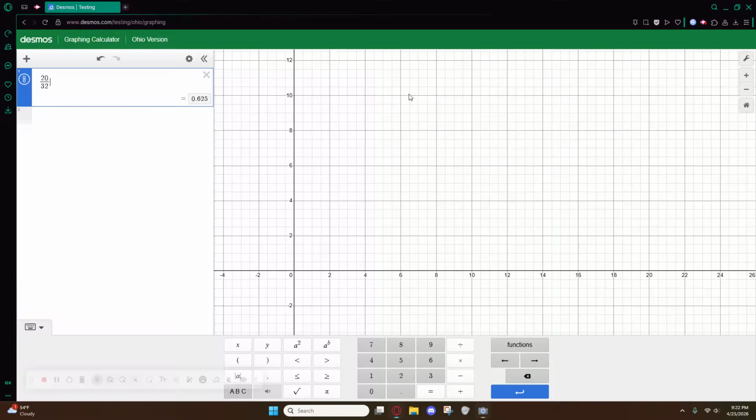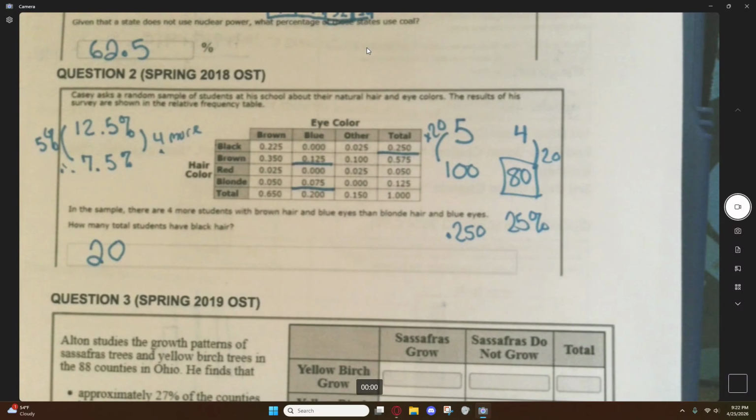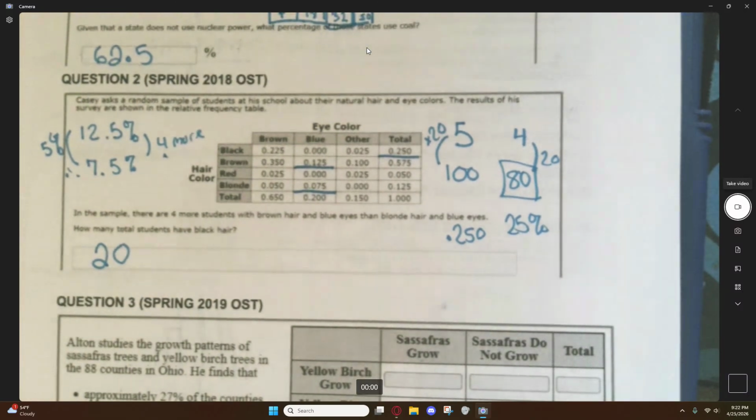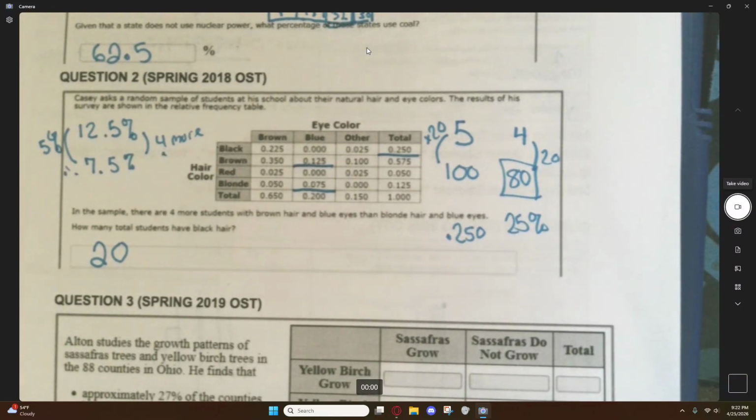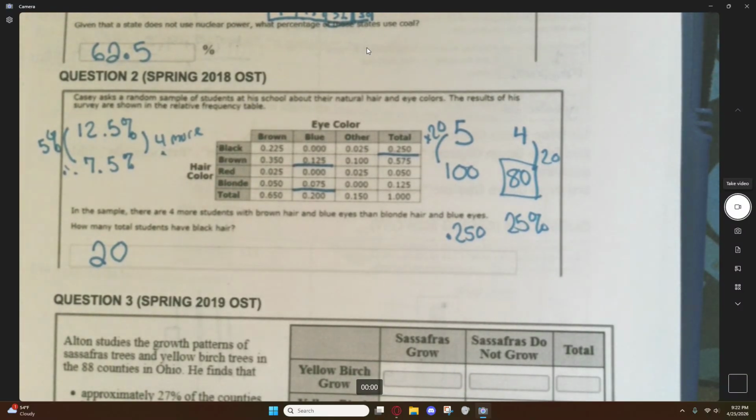In Desmos, you could do 80 times 0.250, which will give you 20, or you could do 25% of 80, which will also tell you 20. Either way you slice it, the answer is 20. It requires a little bit of reverse engineering, a little bit of problem solving, a little bit of logic to get to that point. But you can get there.